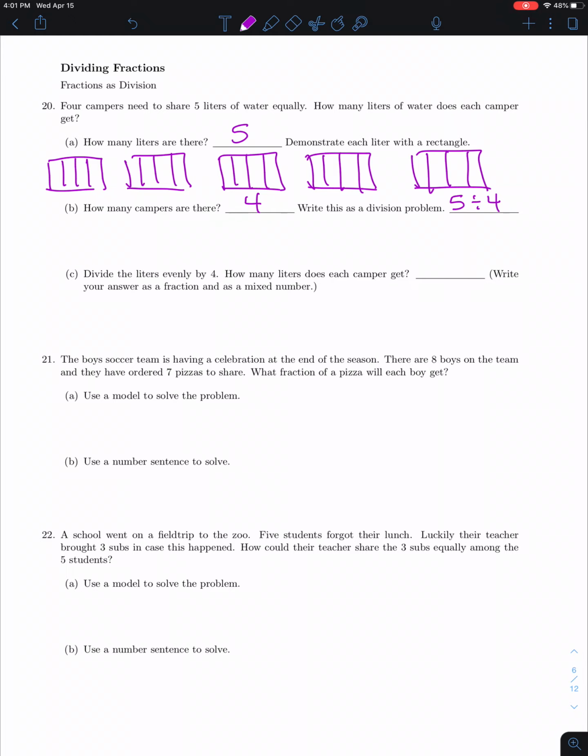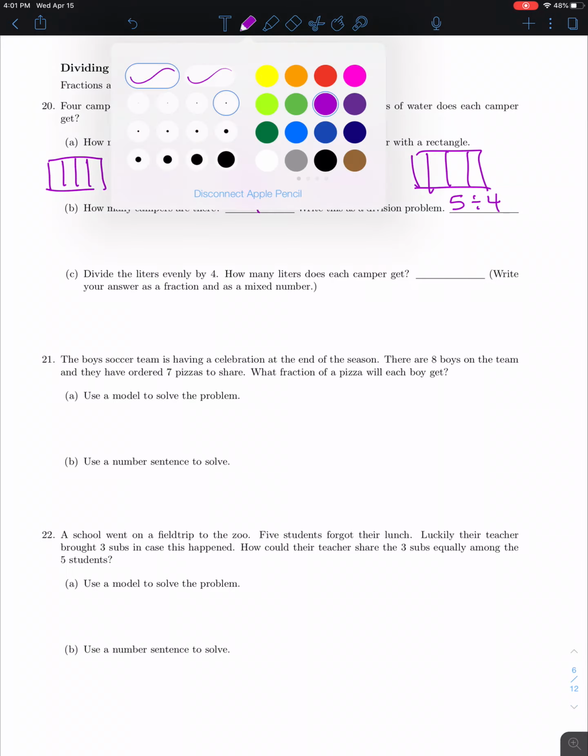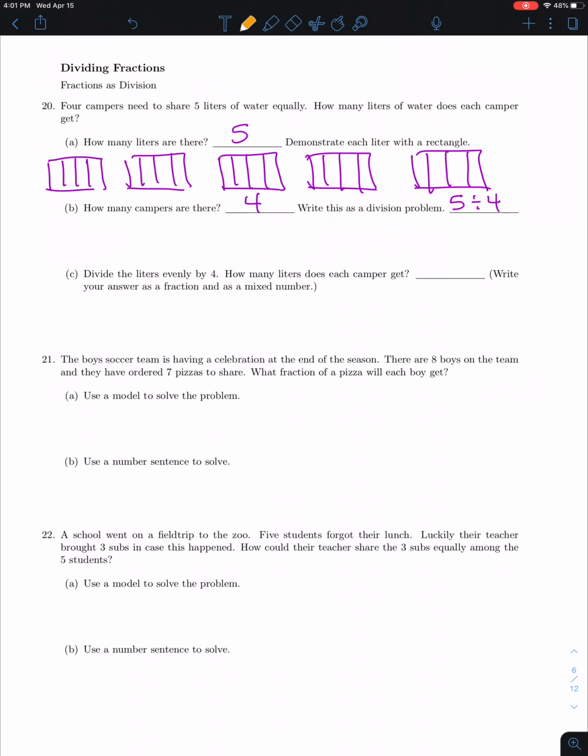The way you want to think about this is each person is going to get their own color. So there's 4 people. Whoever was orange is going to get all of those shapes.